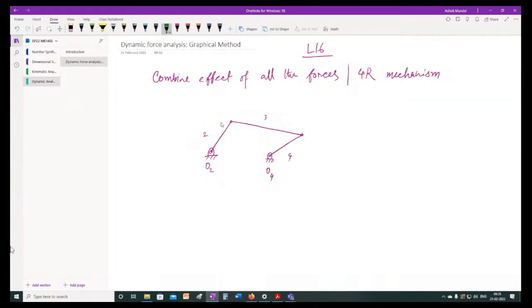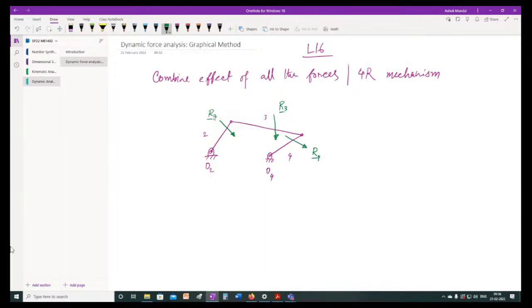Arbitrarily we show this. Suppose this is the general force acting on link 2. We will call it R2, a vector, and there is another force acting on link 3, let's say R3. A force is acting on link 4, which is R4.